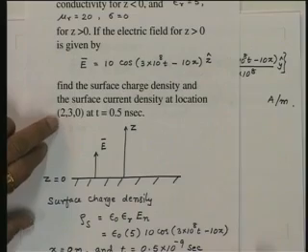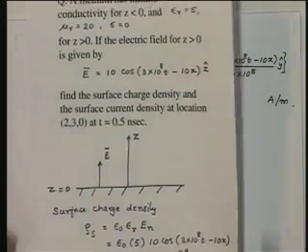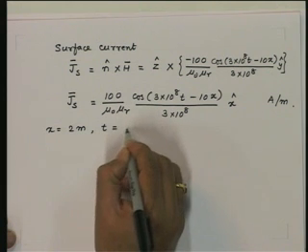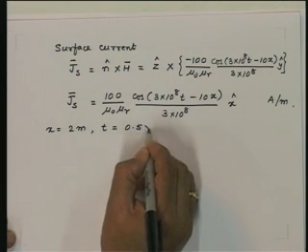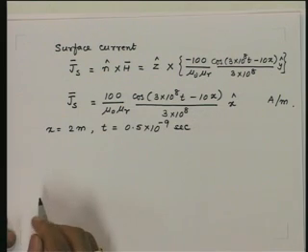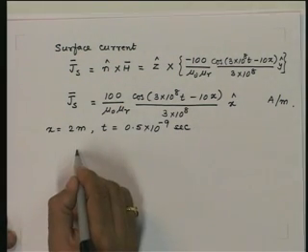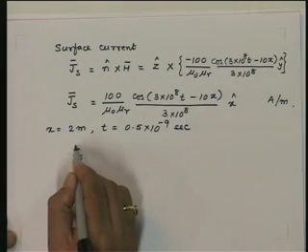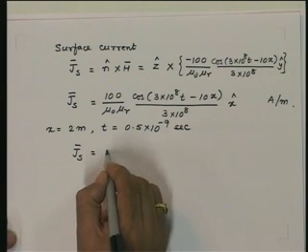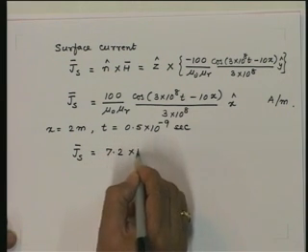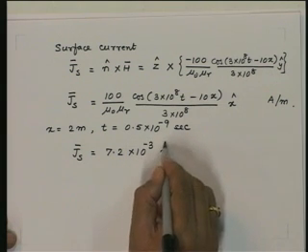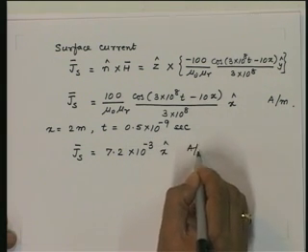So, if I substitute x equal to 2 and t equal to 0.5 nanosecond, t is equal to 0.5 into 10 to the power minus 9 seconds, then we can get the surface current Js, that will be equal to 7.2 into 10 to the power minus 3 x cap amperes per meter.